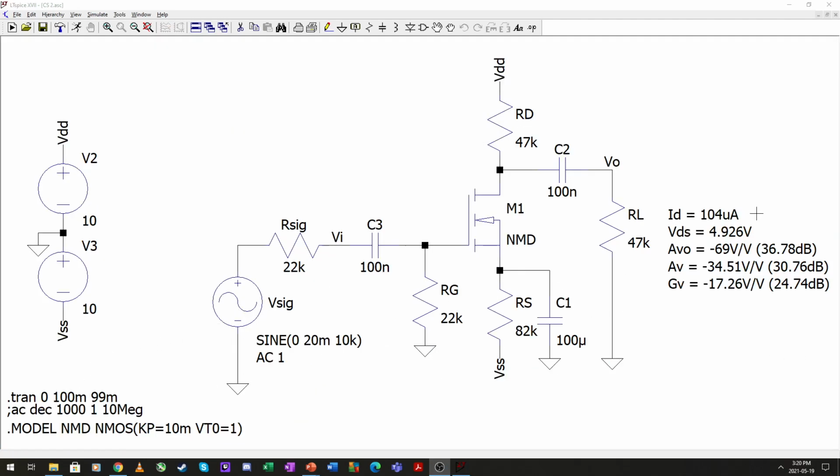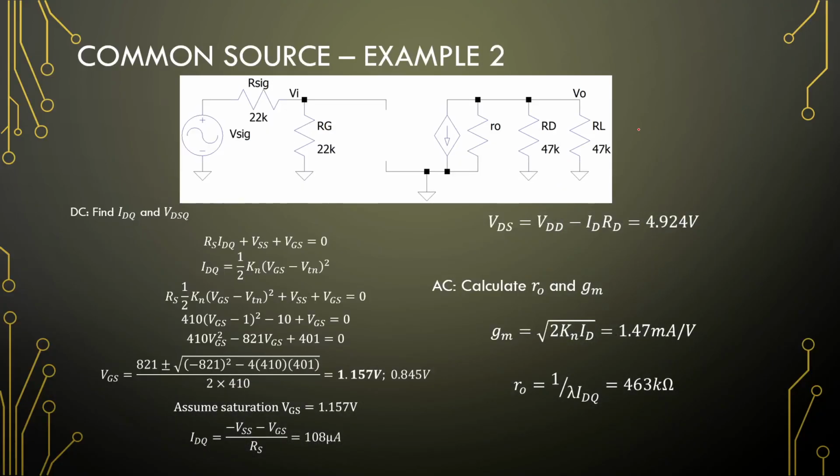So for the second simulation, I found a drain current of 104 microamperes, VDS voltage of 4.926. Then we have almost 70 volts per volt, 34 volts per volt, and 17 volts per volt. Let's see how that lines up with our calculated values.